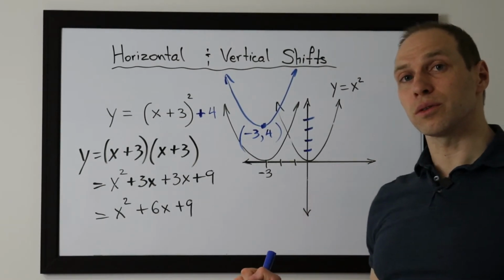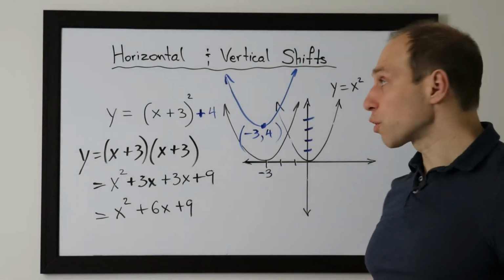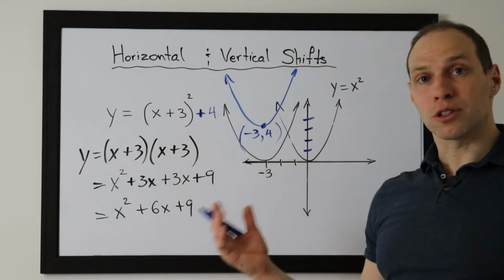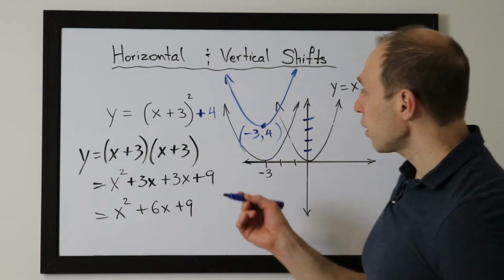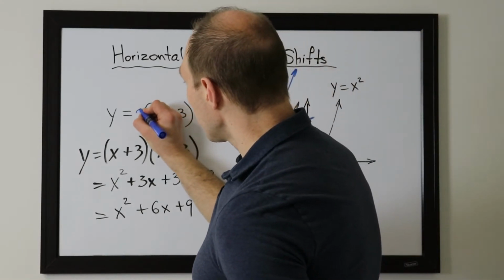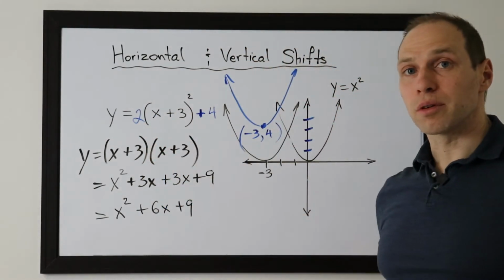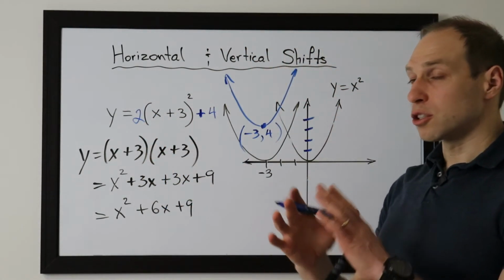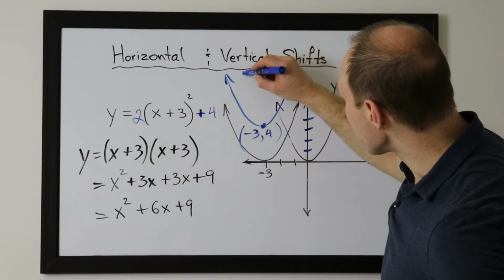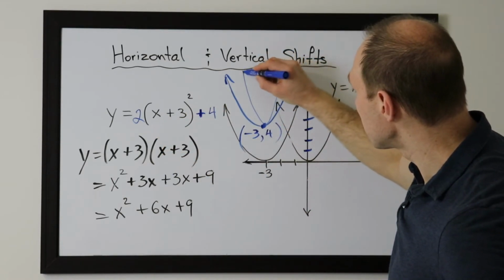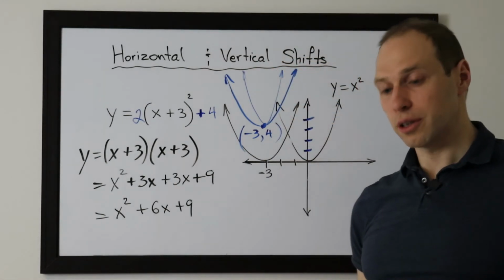Lastly, if I wanted to just summarize everything that we've done so far, we've talked about a stretch factor also. I can add a stretch factor to this parabola, and I could write in a number. If the number is a positive number and it's a whole number, the parabola would actually narrow. This is just a rough sketch.